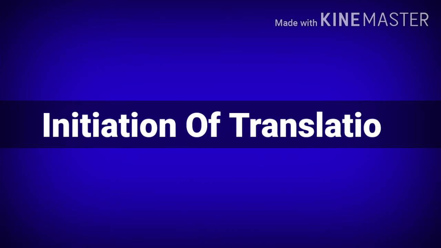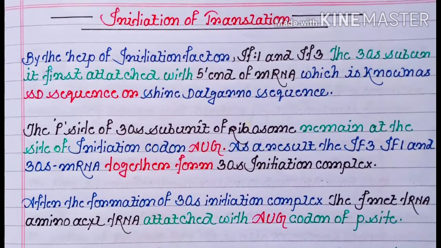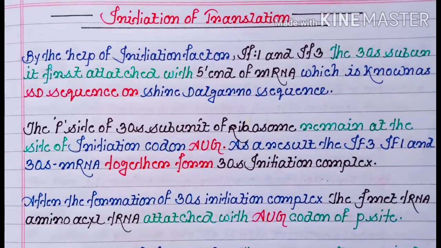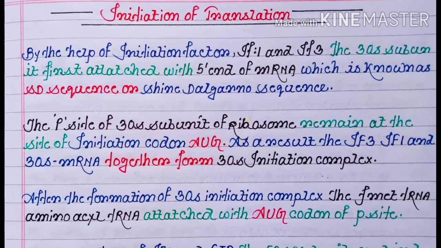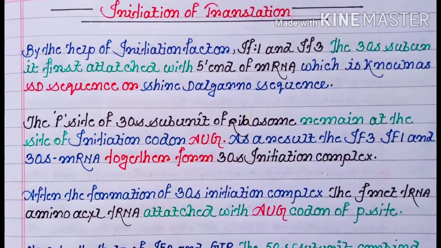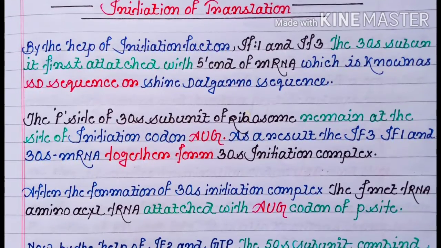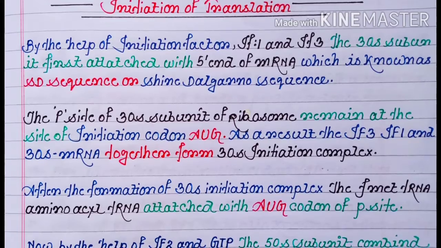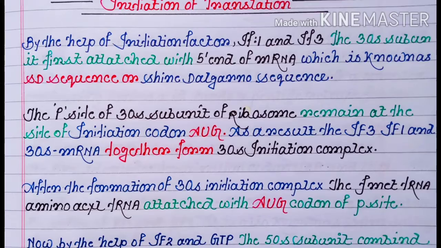Now talking about the initiation of translation. At first, with the help of initiation factors IF1 and IF3, the 30S subunit first attaches to the 5' end of mRNA, which is known as the SD sequence, or Shine-Dalgarno sequence.